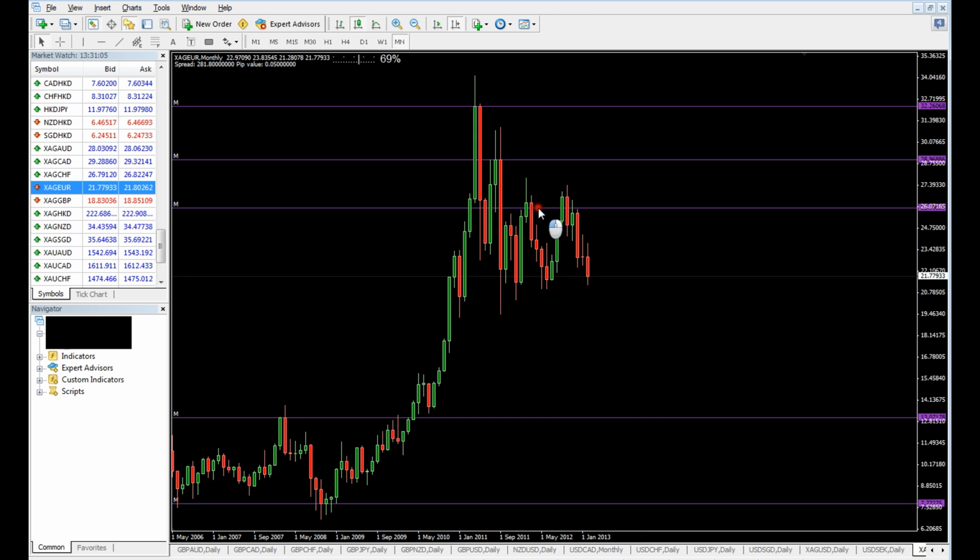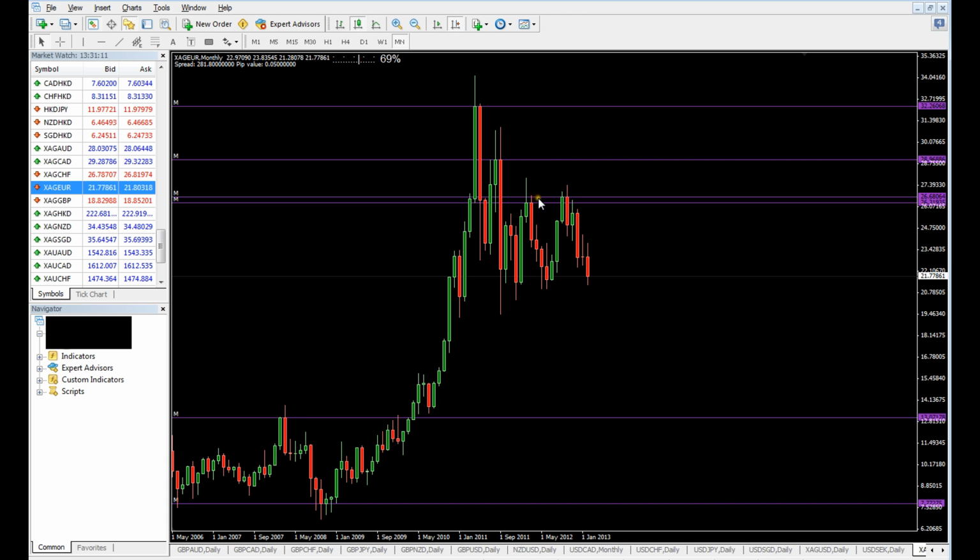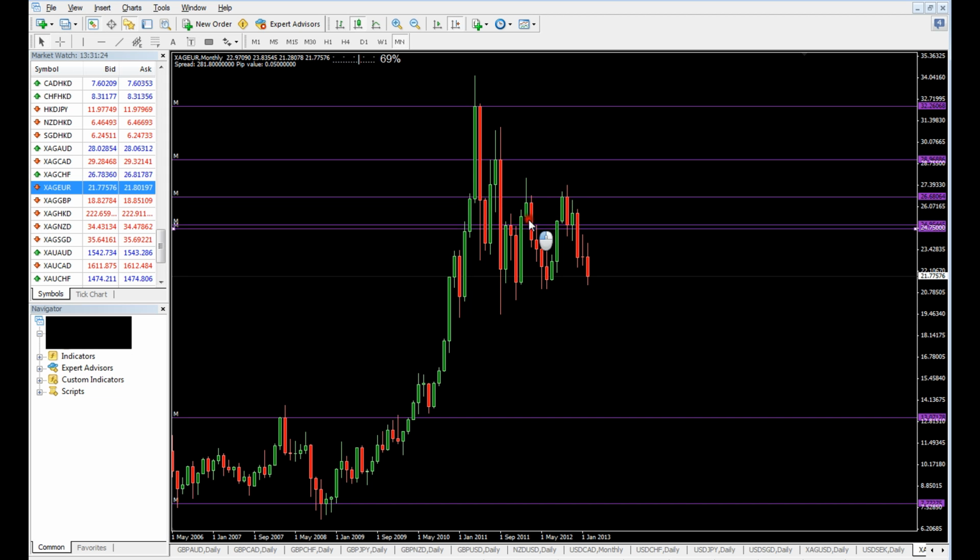I mean, you cannot fill the whole graph with levels, for example placing one here, one here, one here, and so on, and make a mess. No, you have to practice on a lot of charts and only pick the relevant levels.